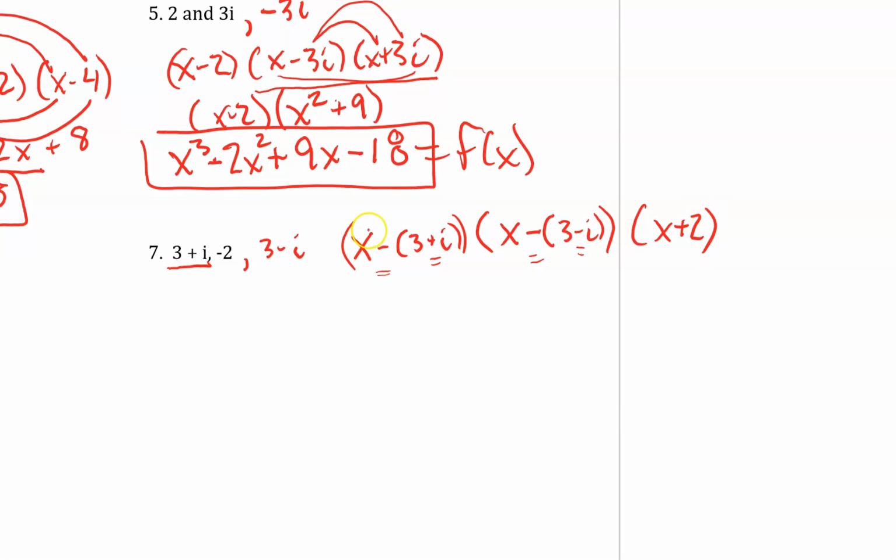So first, x times x, x squared. Well, let me go ahead and write these out. x minus 3 minus i, x minus 3 plus i, just so you understand where the negative signs are taking me.